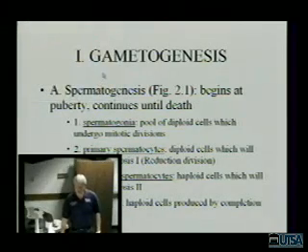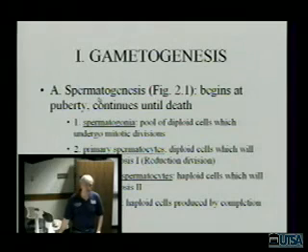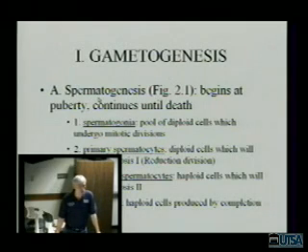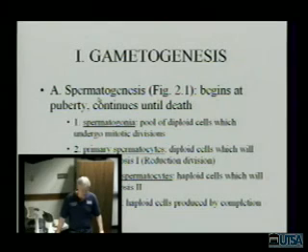So at present, we are discussing gametogenesis, and of course, spermatogenesis is the term for gamete development in the males, and oogenesis, the way you spell it, and another way of pronouncing it, is the term for gametogenesis in the female.